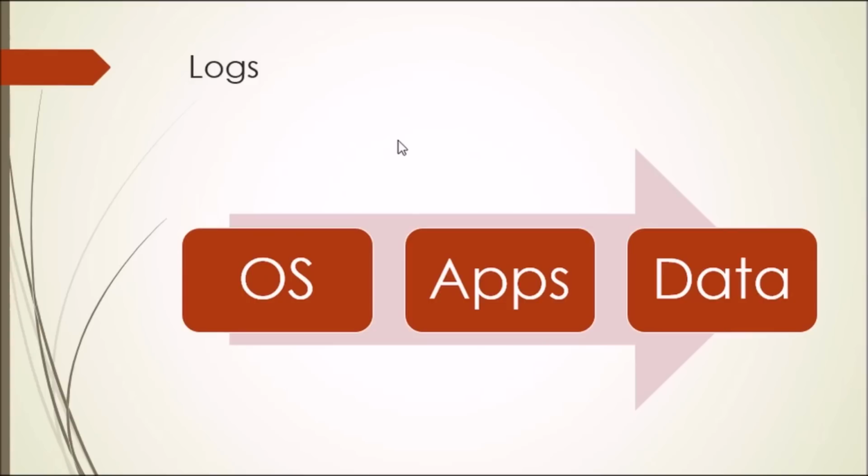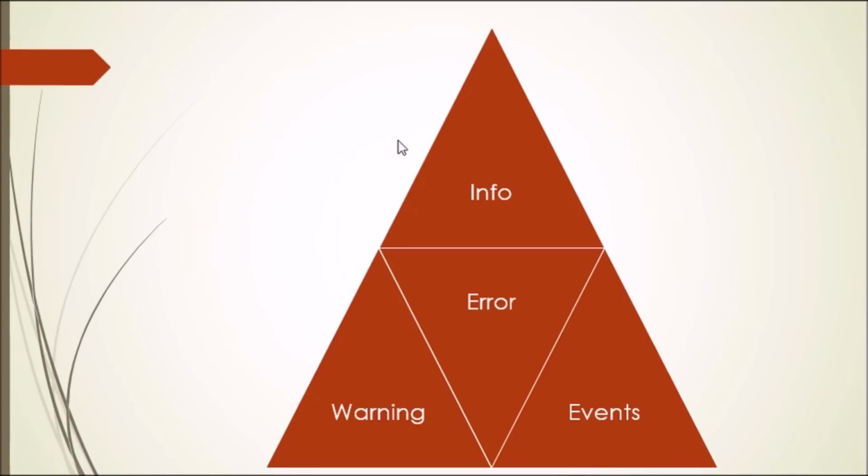So in order to figure out what's going on, each of these entities needs to write log files so that the user as well as the system gets to know what exactly is going on in the background. Now, generally, in any operating system, the logs are divided into these items.